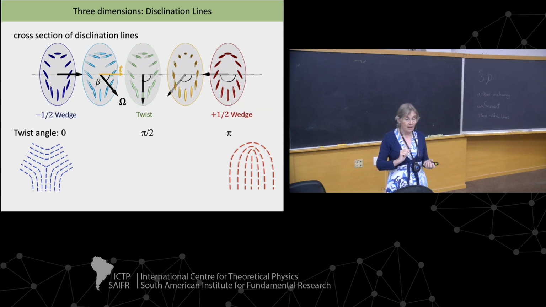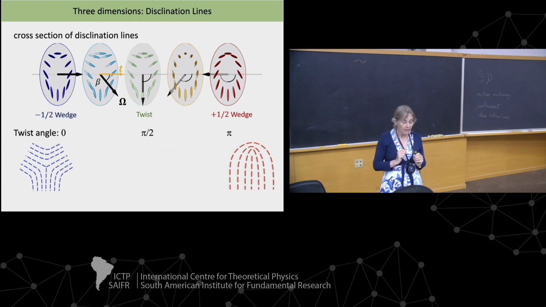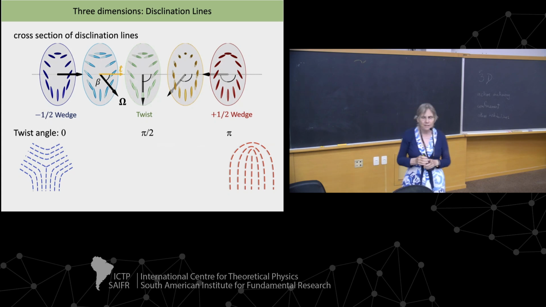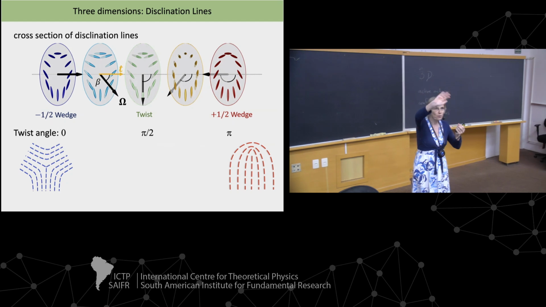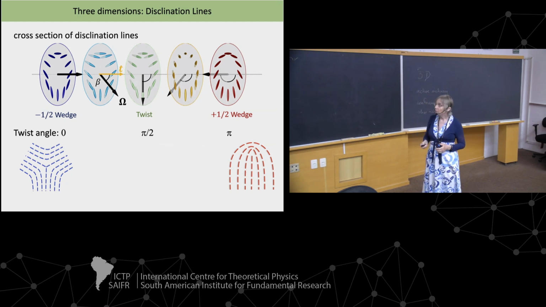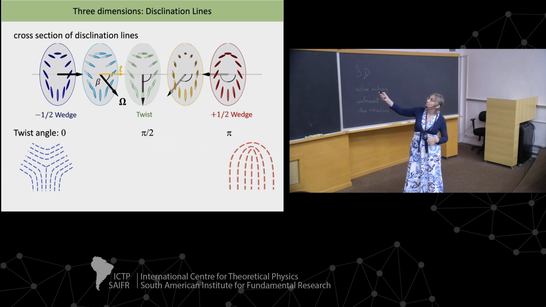lines. And these lines form loops. They have to form loops because otherwise they'd shrink. The way I like to think about it is thinking about the cross-section across the loops. The cross-section across the loops can either look like a -1/2 defect, or this thing can twist around and you can end up with something looking like a +1/2 defect.